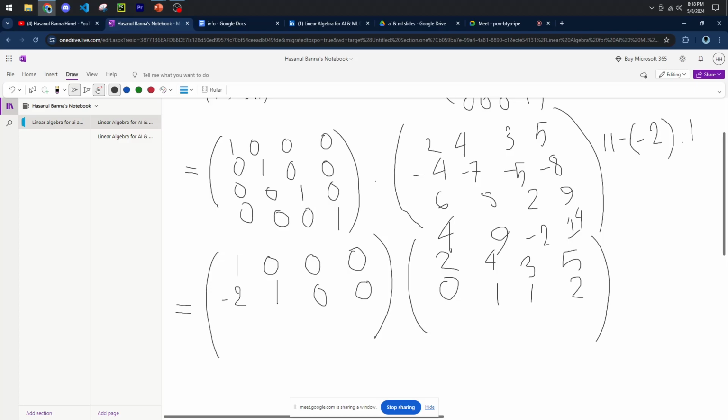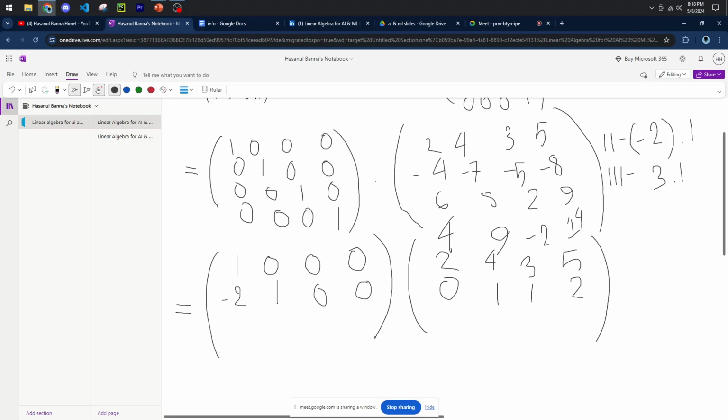Now it is the turn for our third row. How can we make our third row 0? If we multiply this with 3, we can make it 0. So we will subtract from row 3, 3 multiplied by row 1.